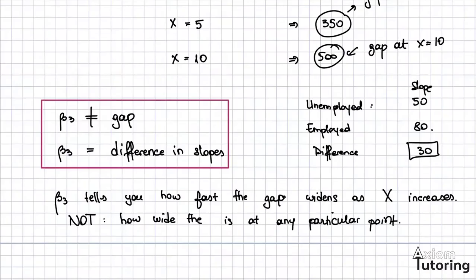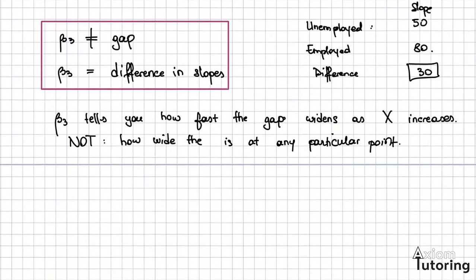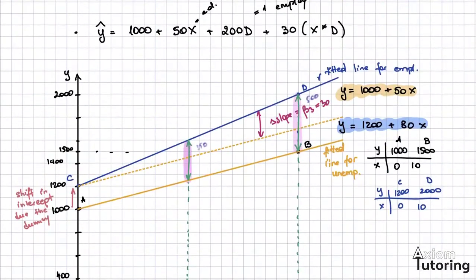Now, the next thing to do is let's decompose this gap very visually, because this gap actually has two components, as we can see here with this added dashed orange line. When I introduced you to this dashed orange line, I told you that if there was no combined effect of x and d, then your fitted line for the employed people should have literally been the parallel shift up of the fitted line for the unemployed people.